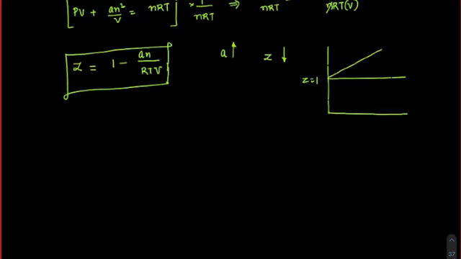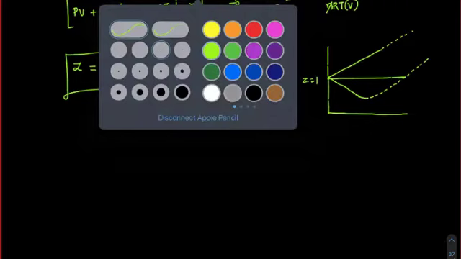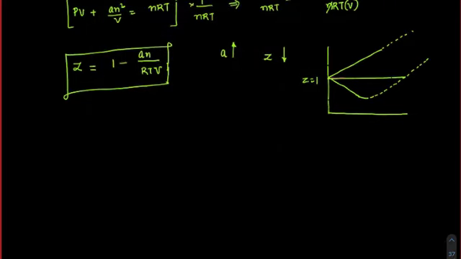One going this way, and towards higher pressure again it is bending; this is how it goes. And anything above Boyle's temperature would go something like this.